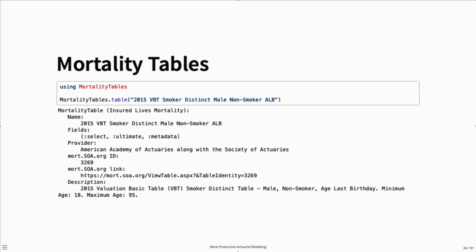This was actually probably one of the first major sets of functionality I wrote several years ago, because I found it so painful every time we needed to model something to just try and get the loading of the mortality tables correct.